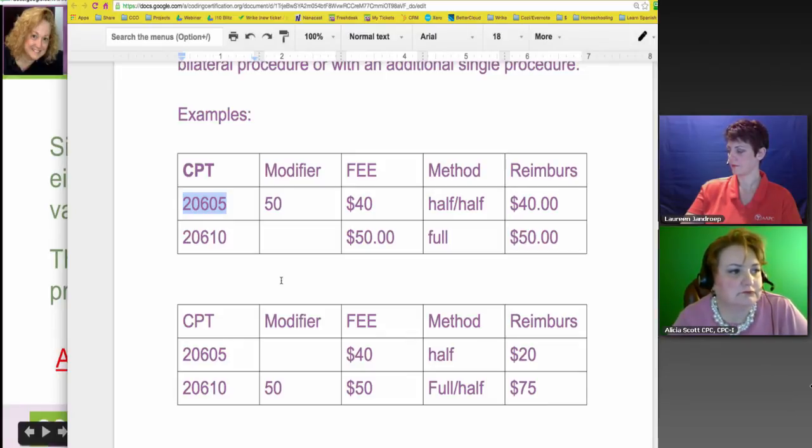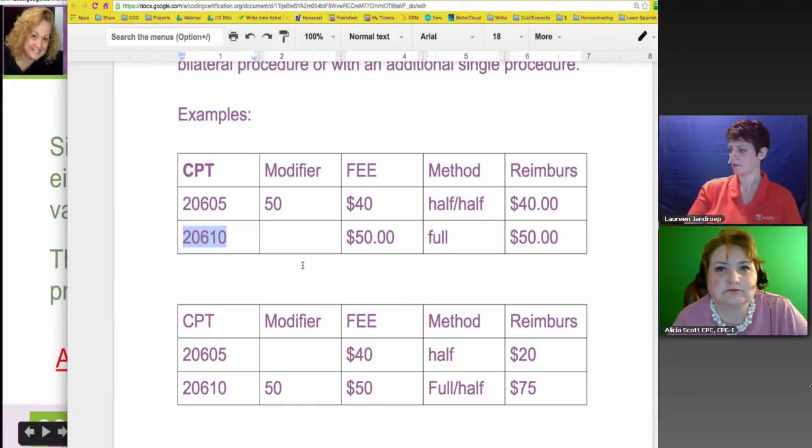So if you look at code 20610, and we only did that as a single procedure, the allowed amount for that one is $50. So if 20605 is 40 and 20610 is 50, which one is the highest paying procedure code? The 20610 is.